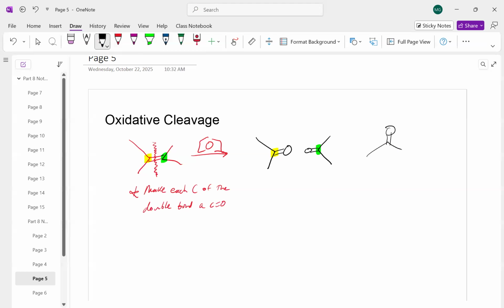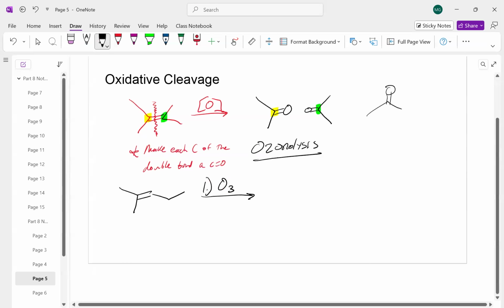Now, this kind of reaction is known as ozonolysis. And as the name implies, we're going to be using ozone to accomplish this. So let's look at another example. The reagents that you need to know are ozone, O3, and then a second step of zinc and water.